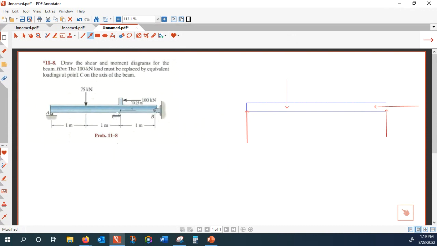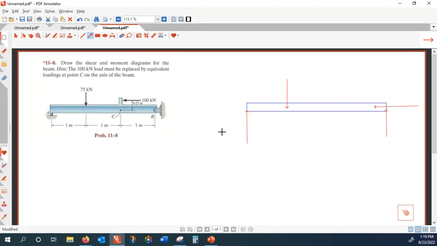What should I do with that 100 Newton here? If I want to transfer that to point C, it's an illegal operation because a vector can only be transferred along its line of action. If you want to change the line of action, you have to pay a penalty.